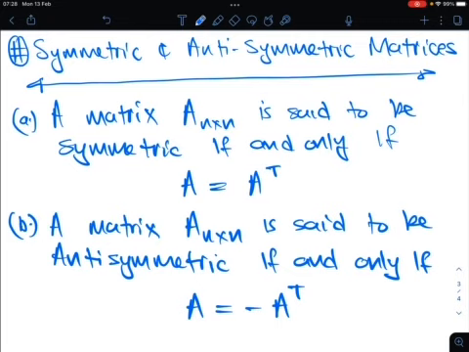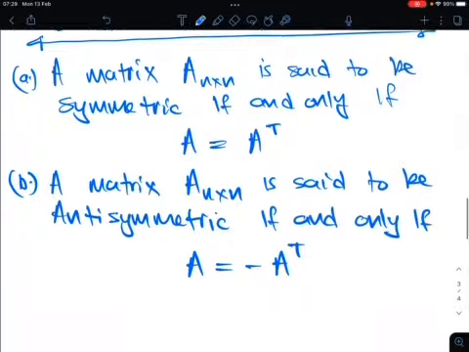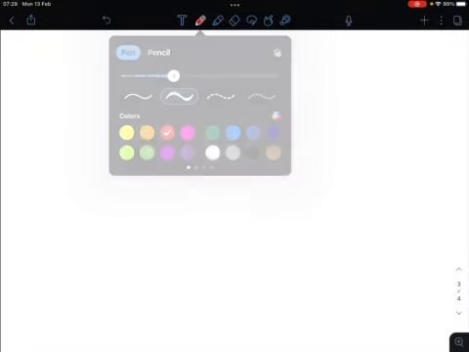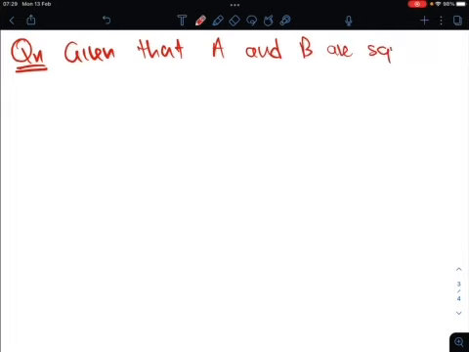So now, having these definitions in mind, we have the following problem that we want to look at.